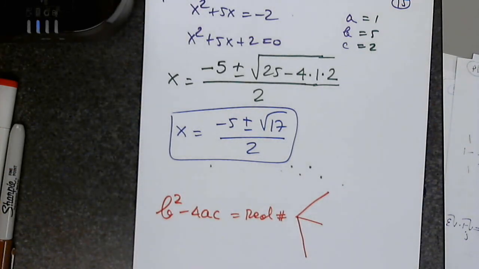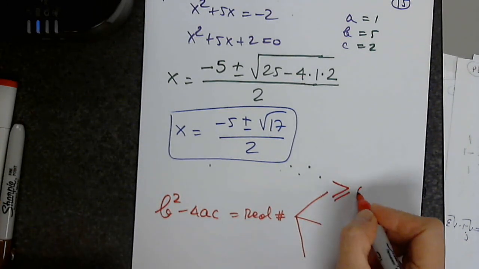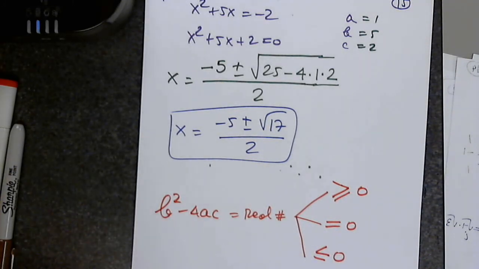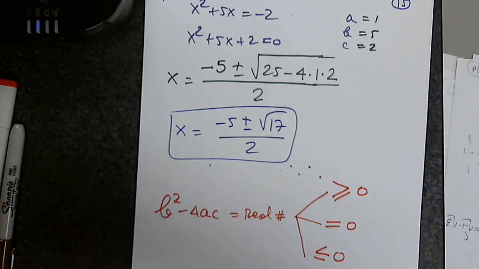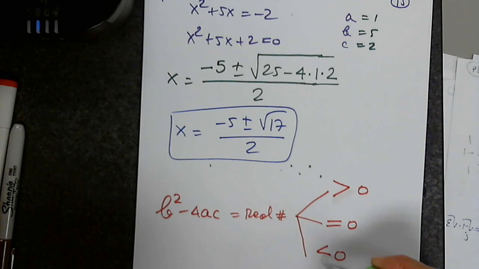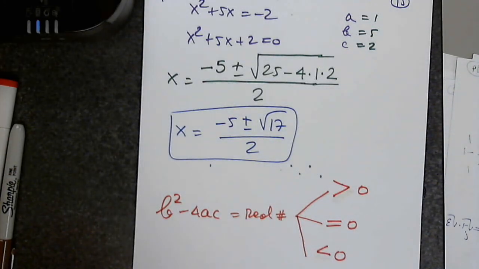So what are the options for a real number? When I say I have a real number, what are the possible options? What could I possibly have? I didn't mean the equal symbol. Sorry. On the inequalities.